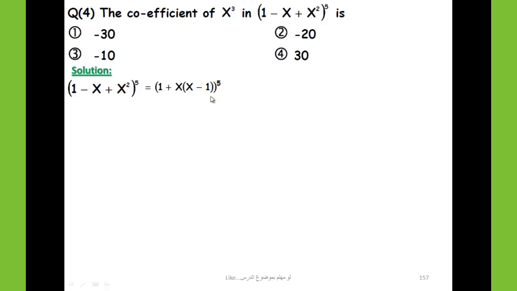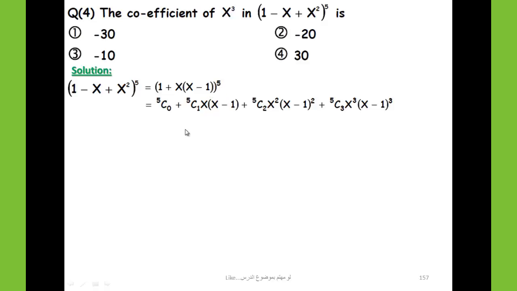And we have to use the expansion of the binomial. Okay, so we have two terms. This is the first term, and x multiplied by (x minus 1) is the second term, and n equals 5.